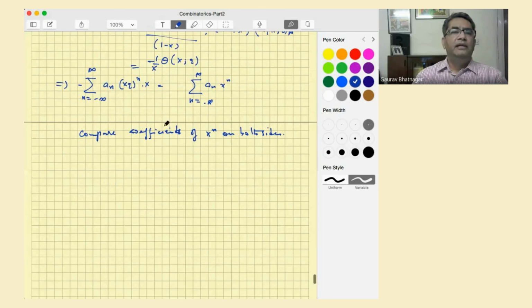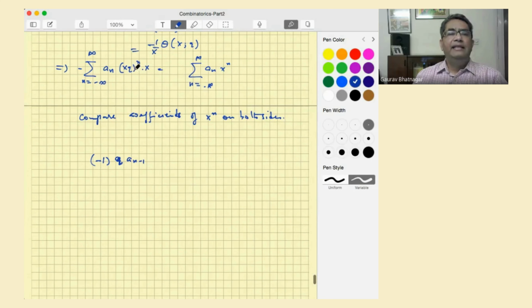What do we get? So here it's x to the n plus 1. So I'll have a minus sign, and if I compare, I'll have a_{n-1} here, and then there is a q raised to n, and this side I'm going to get just a_n.